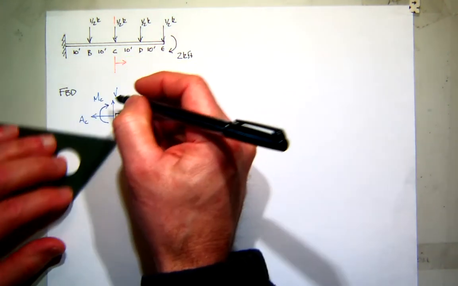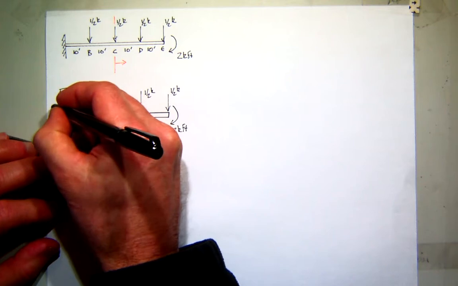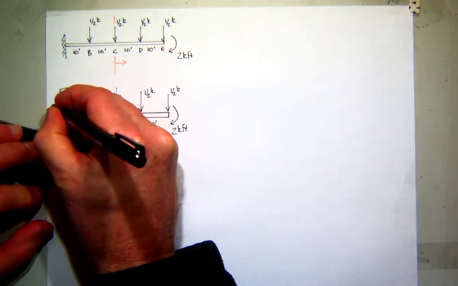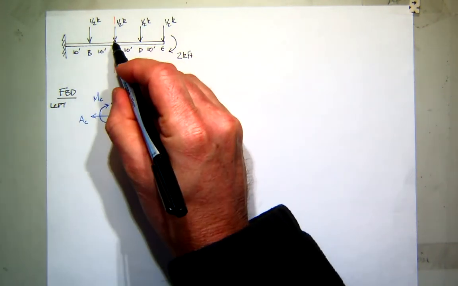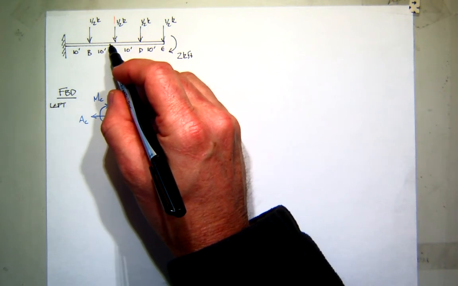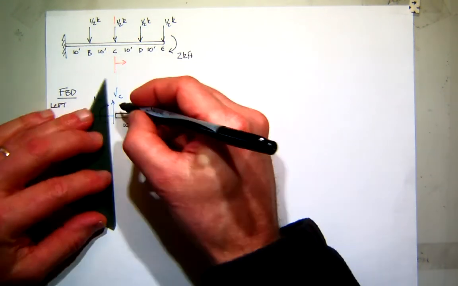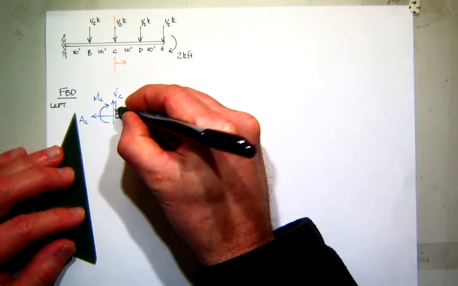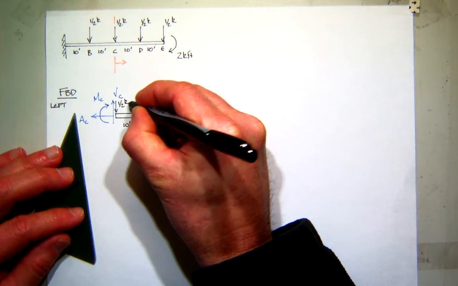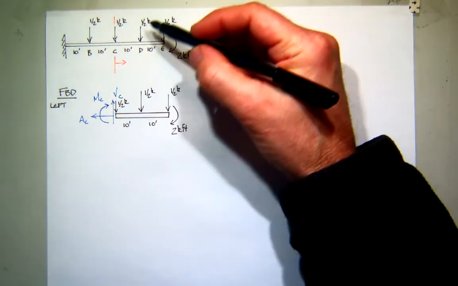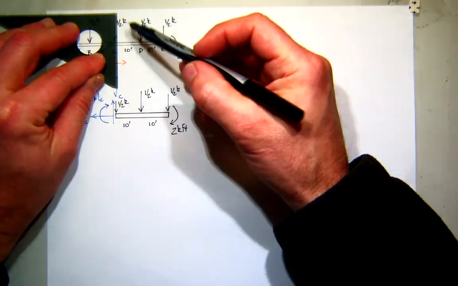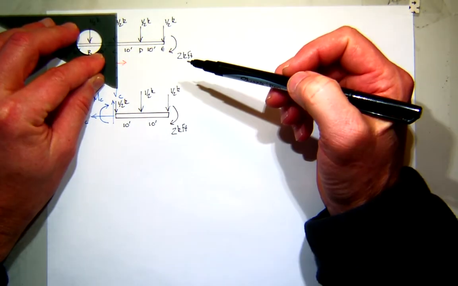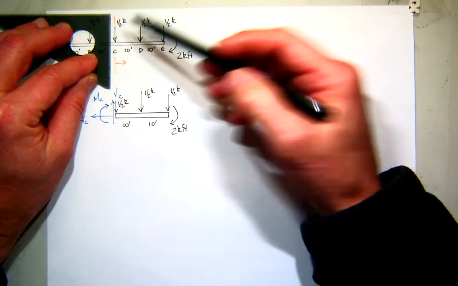If I'm actually making my cut, I'll say under my free body diagram "to the left." That means I'm really on the left side of C, just barely. So then my half kip force comes in, right? If I'm just on the right side, then the half kip force is not there. If I cut it just to the left, the half kip force is there.